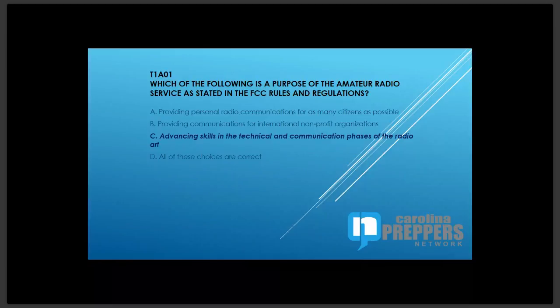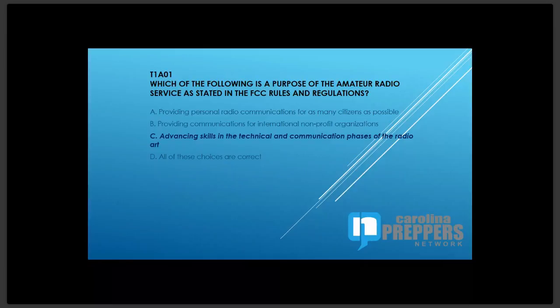So the first question in the question pool is, which of the following is a purpose of the amateur radio services stated in the FCC rules and regulations? Well, we know that it can't be letter A because FCC is not concerned about numbers, so it's not for as many citizens as possible.